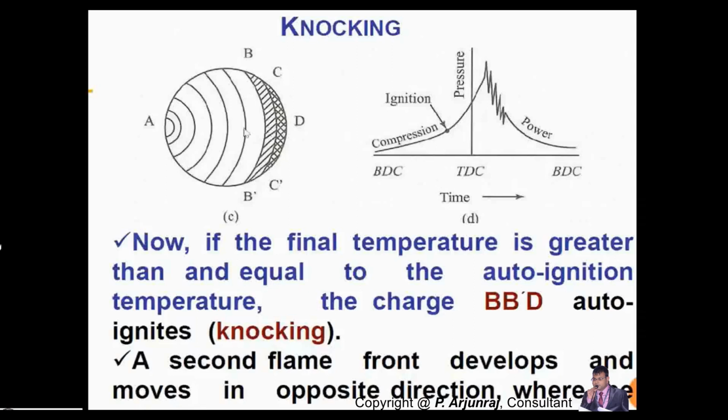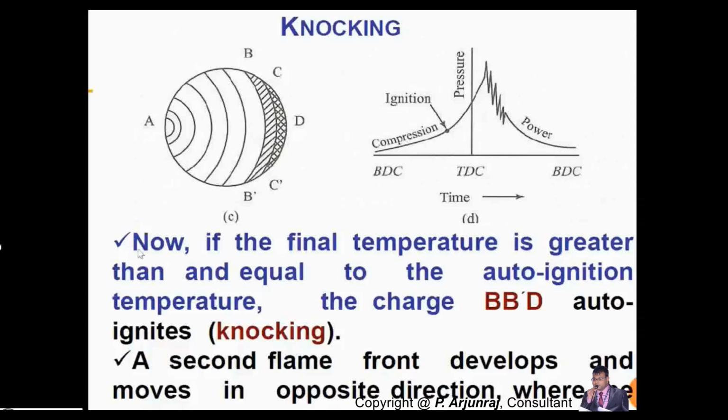So here also you are going to get a combustion which will travel from right to left, and already the flame is traveling from A to D. So one flame is going from A to D, and another flame is traveling from D to A. Both flames will collide with each other. When these two flames collide or touch each other, you get a sound, and that phenomenon you call knocking.